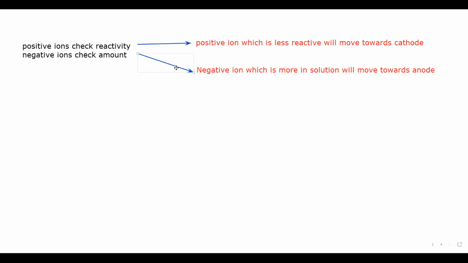So for the negative ion, the one which is more in the solution will move towards the anode, and for the positive ion, the ion which is less reactive will move towards the cathode. That's the criteria for the movement of ions.